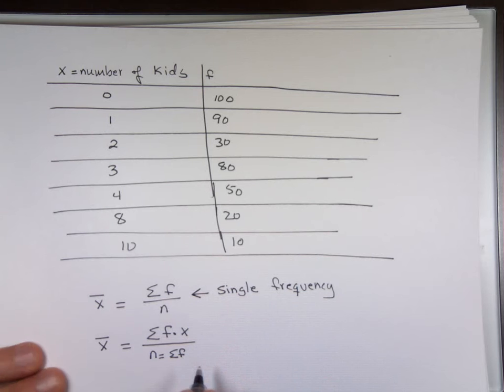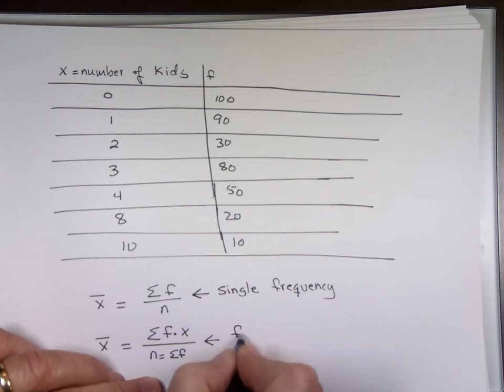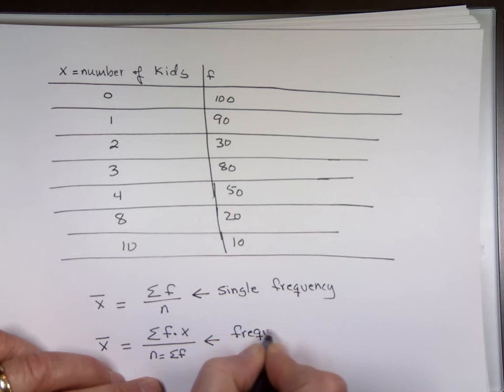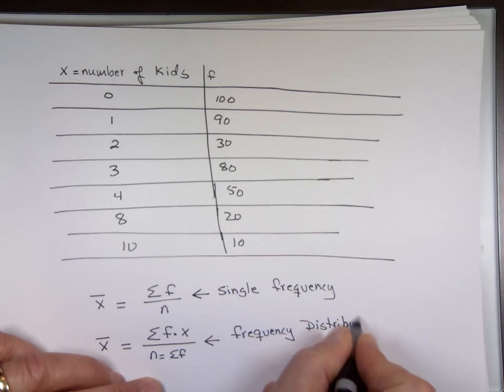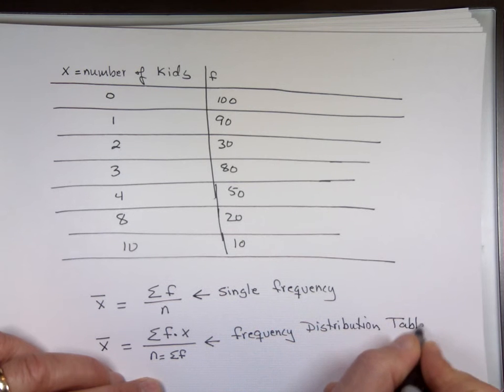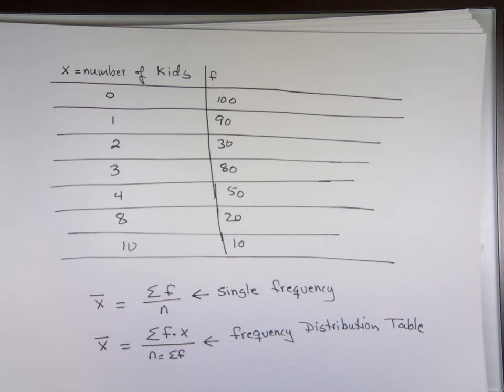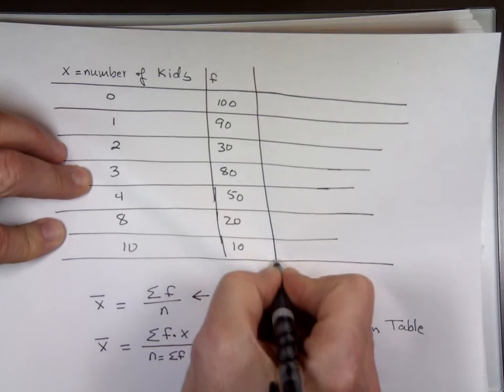We use this one when you have a frequency distribution table. So I'm going to make an extra column. That's why I left this one stretching all the way out. And this column is going to be f times x.